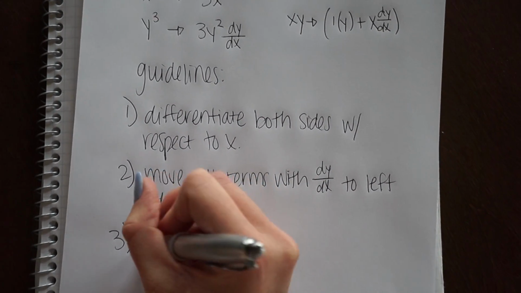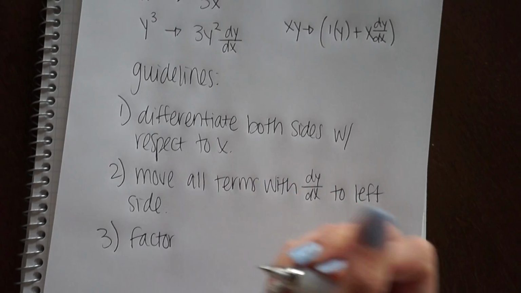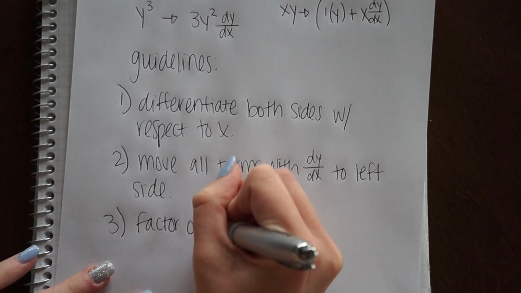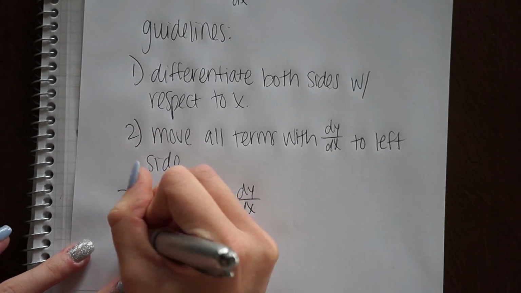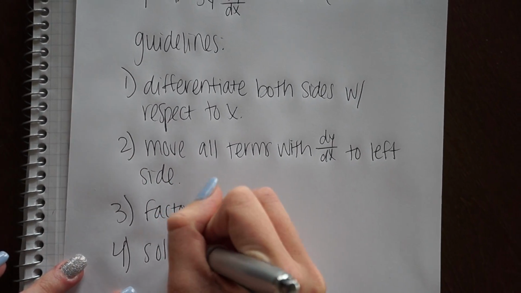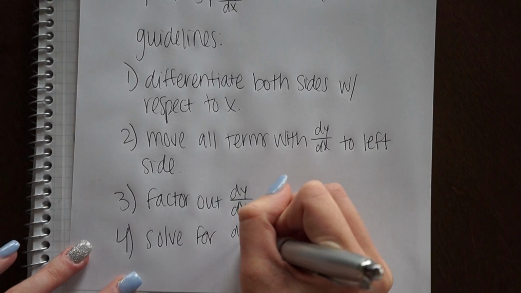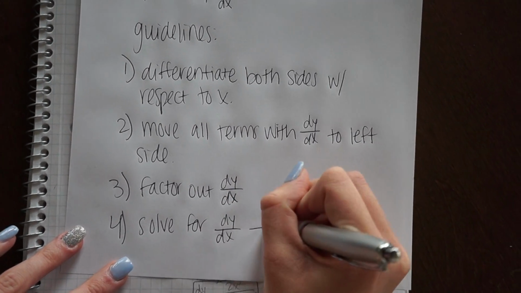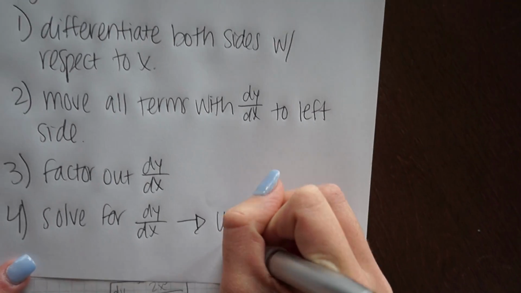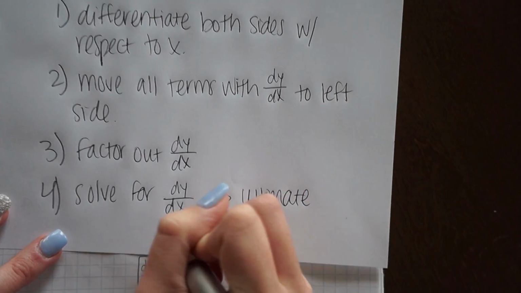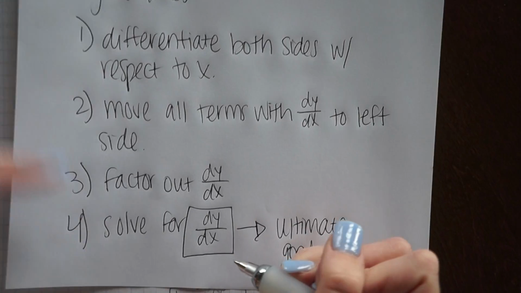Then we're going to factor out that dy/dx. I'll show you what I mean in just a minute. And then finally we're going to solve for dy/dx. This is our ultimate goal, and this is what we're trying to achieve when we talk about implicit differentiation.